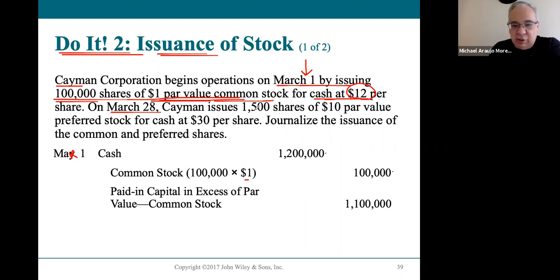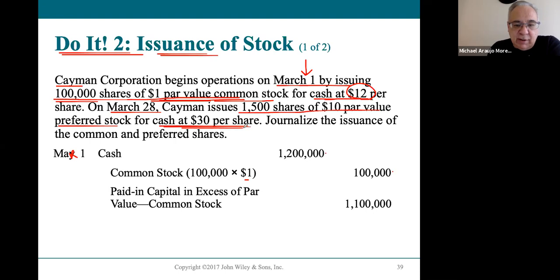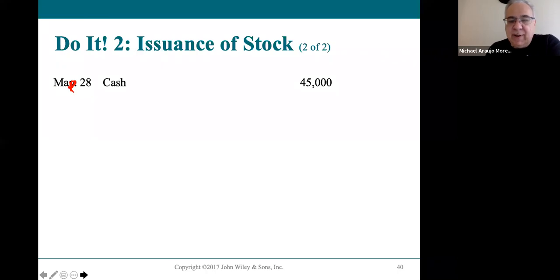Cayman goes ahead and issues 1,500 shares of $10 par valued preferred stock, and they sell them for $30 each. So we have to do the entry for that. On March 28th, they raised $30 times 1,500 shares, so $45,000 of cash.